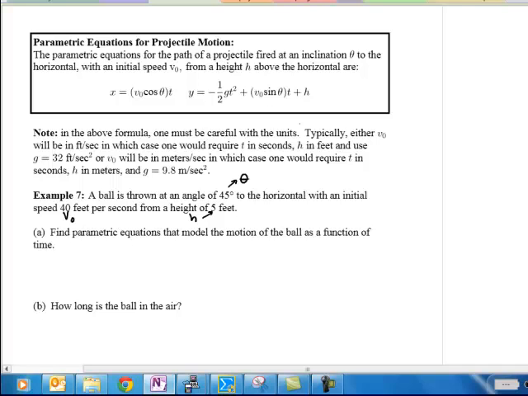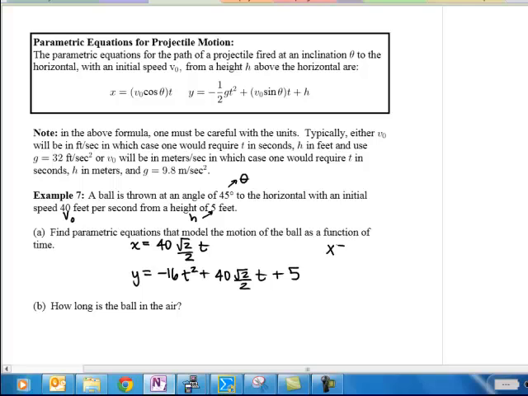So we've got everything we need to fill in and just set up the equations, so x and y in terms of t. So x is going to be v naught, which was 40, cosine theta would be square root of 2 over 2, times t. And y would be negative 1/2 times 32 in this case, so negative 16 t squared, plus v naught, which was 40, sine theta, which is also square root of 2 over 2, times t, plus the height, which is 5.